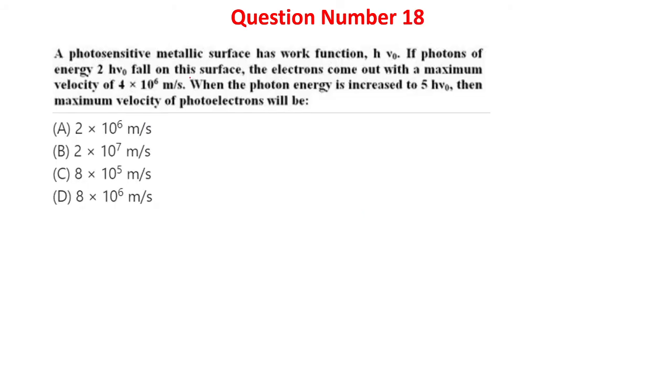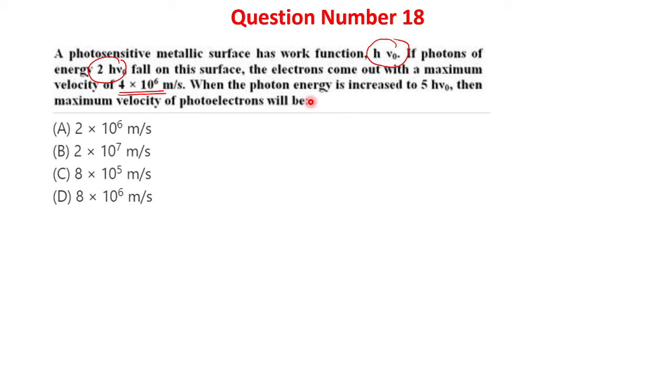Question number 18. A photosensitive surface has work function h nu naught. If photons of energy 2 h nu naught fall on the surface, the electrons come out with the maximum velocity of 4 into 10 power 6 meter per second. If we increase the energy to 5 h nu naught, the maximum velocity of photoelectrons would be?